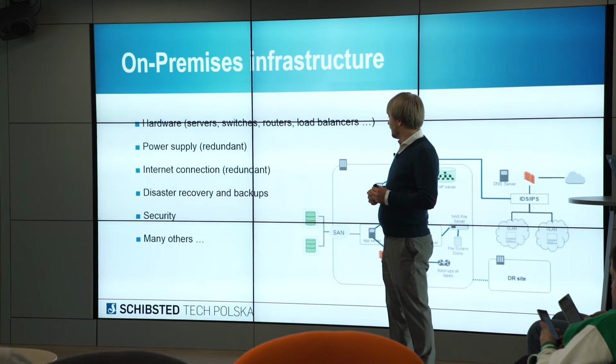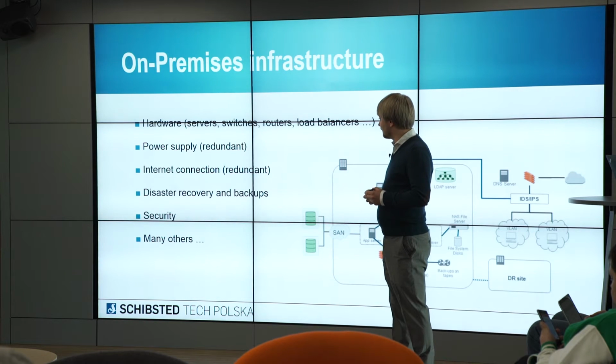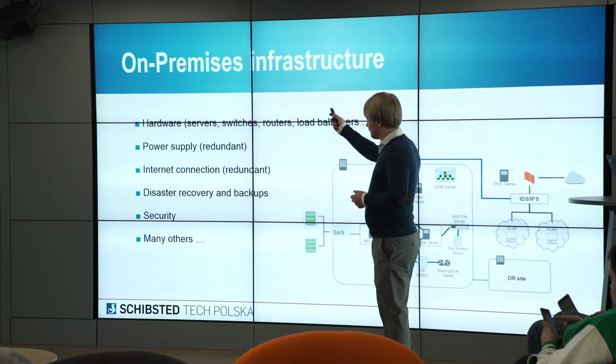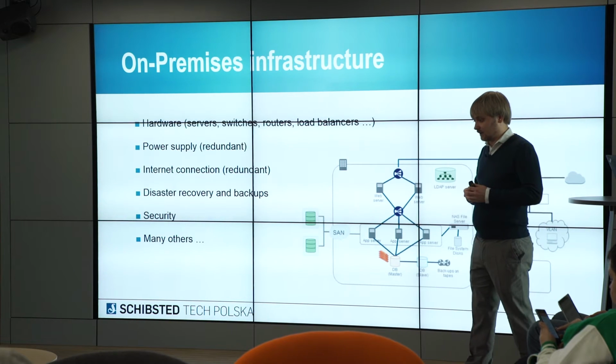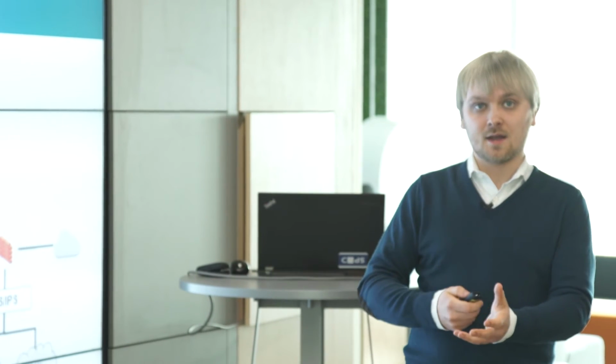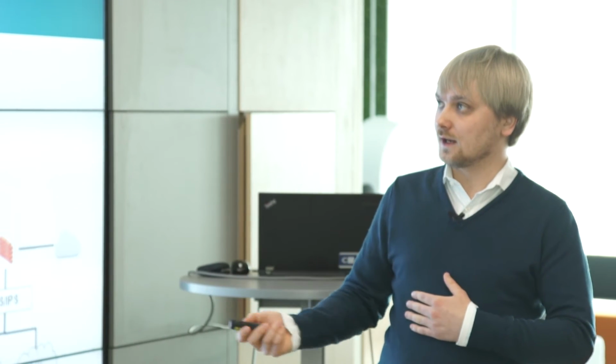Of course, it would be nice if that was redundant. You must think about many different things when you're running your own data center. So how does this on-premise infrastructure map to Amazon Web Services? How to start thinking about moving your own data center into the cloud?